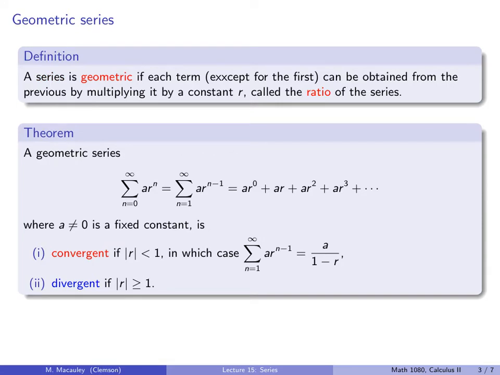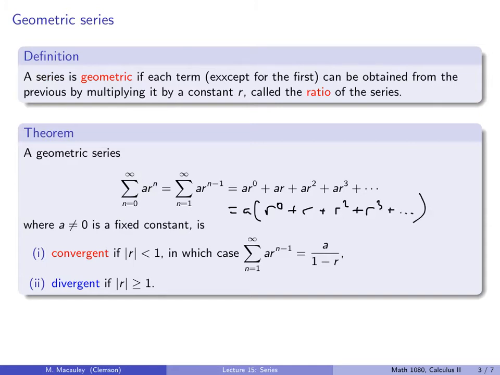It's some constant a times r to the n, where r is some number. So it looks like this. And if we want to, we can factor out this constant and write this as r to the 0 plus r squared plus r cubed plus etc.